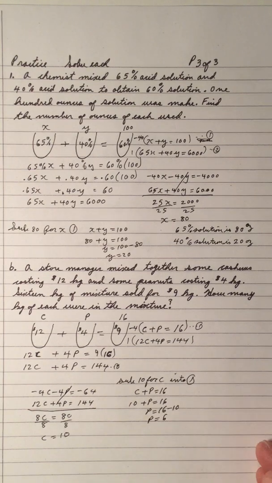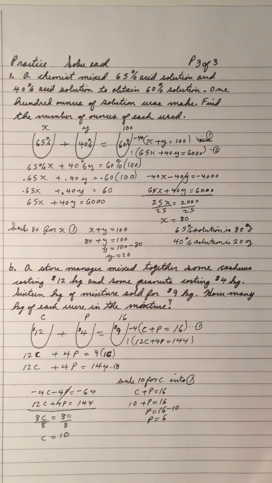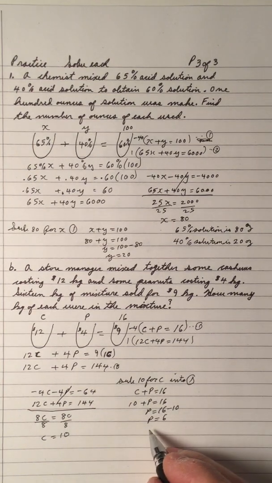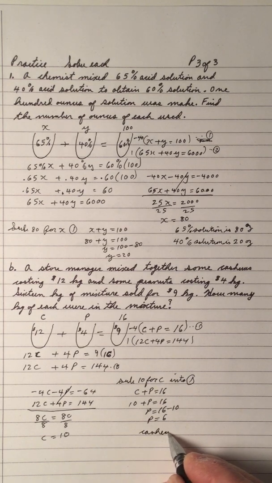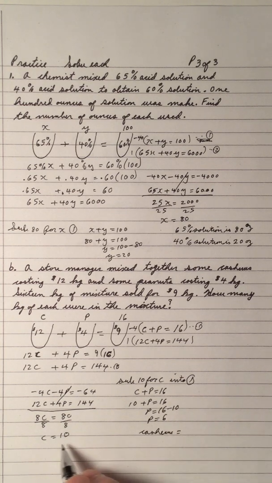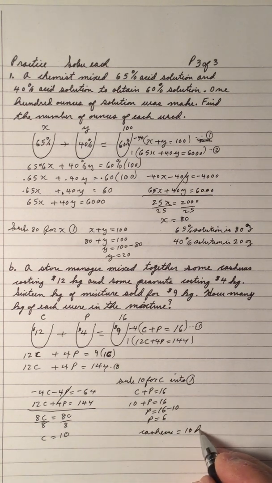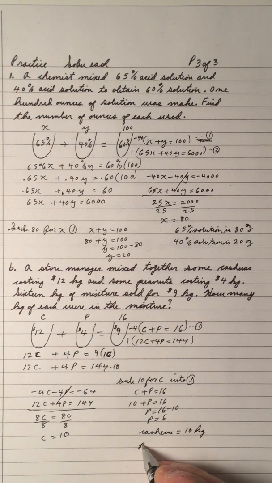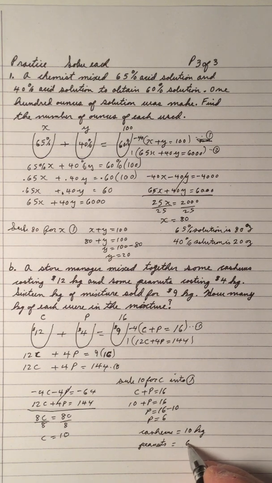P is 6. And we're looking for the number of kilograms. So we have the cashews. Cashews is C. So cashews, it has 10 kilos. And the peanuts is 6 kilos.